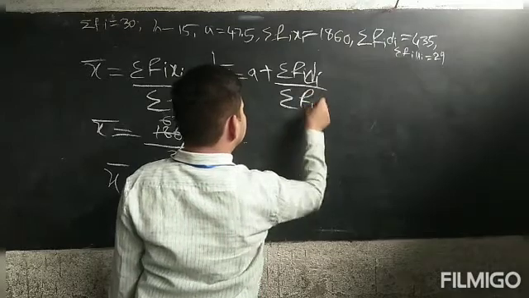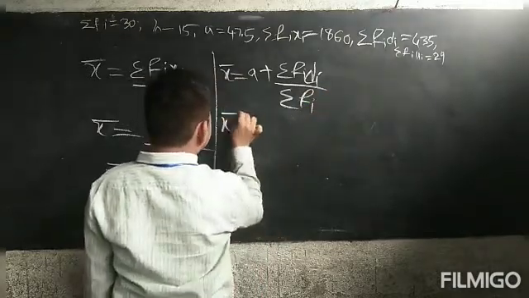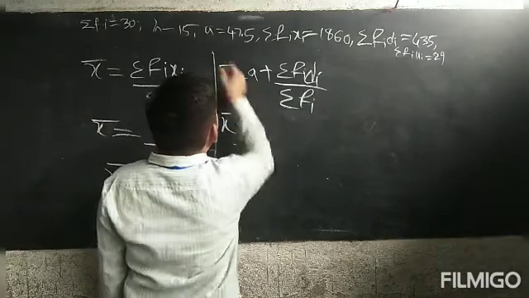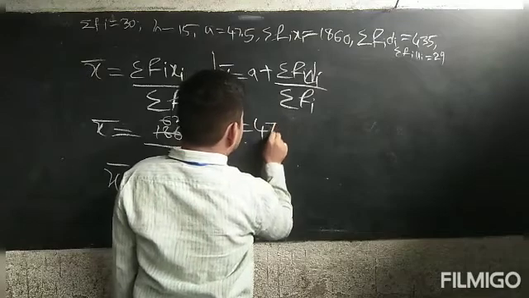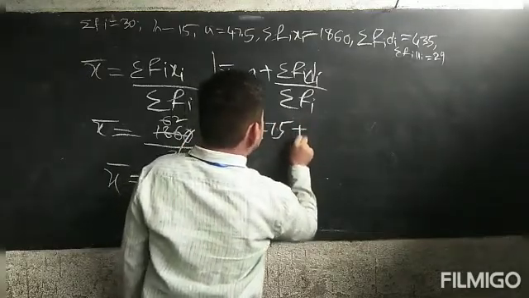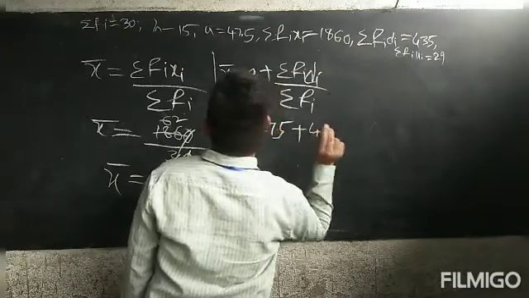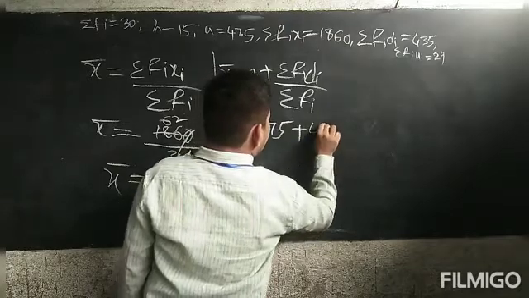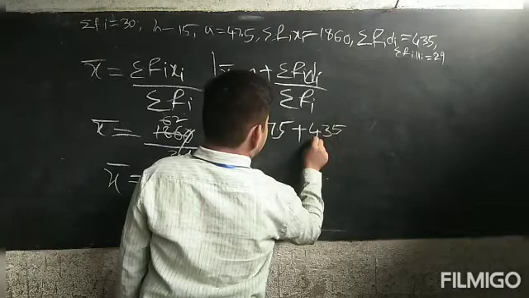Now x bar equal to a, what is a? 47.5, plus sigma fi dA is 435 by 30.